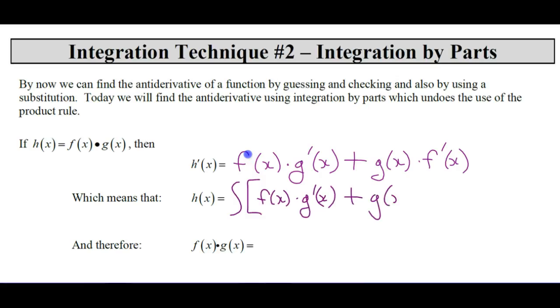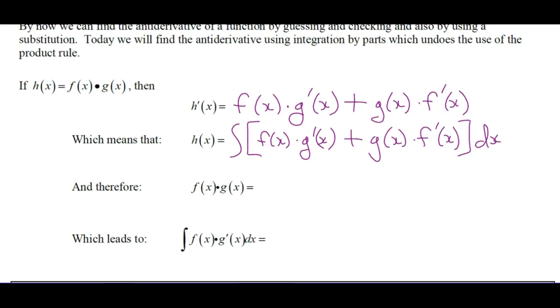Okay, and if we're going to take the integral, then I have to do the old plus g thing. Which means that h of x is f of x times g of x. We took h of x was f of x times g of x, took the derivative. I want to undo the derivative, I take the antiderivative.